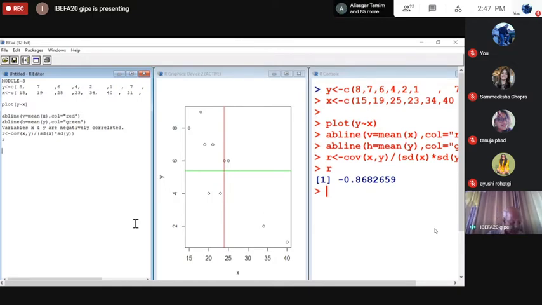So we say a regression of Y on X. That is Y equal to B0 plus B1 multiplied by X plus E. This is the notation we have used last day.